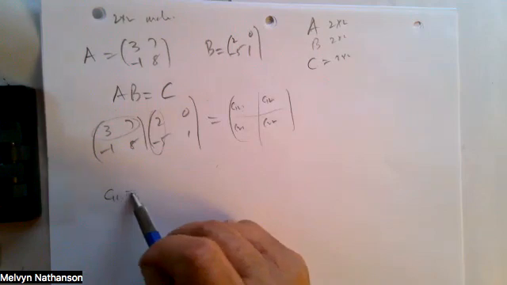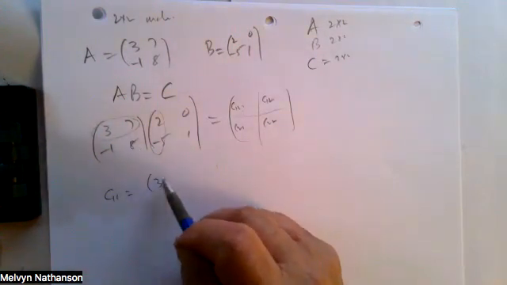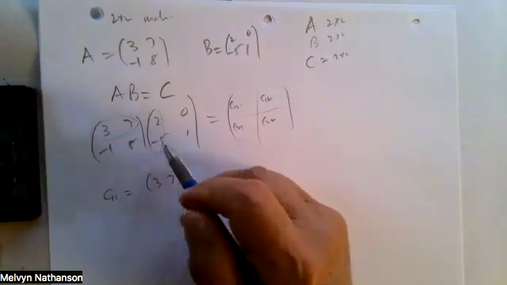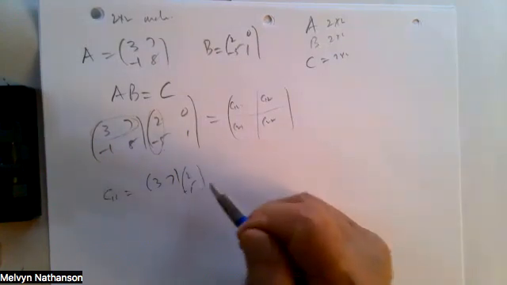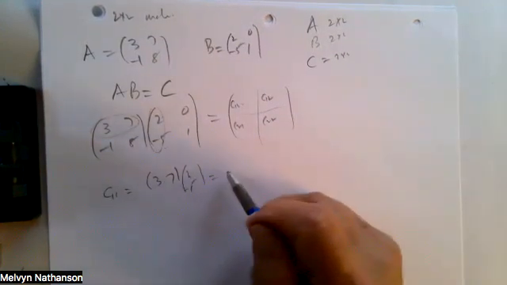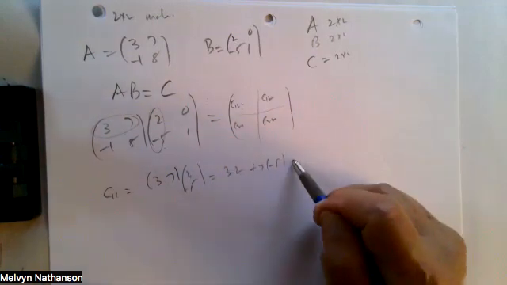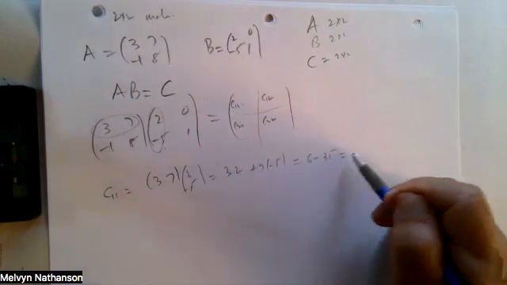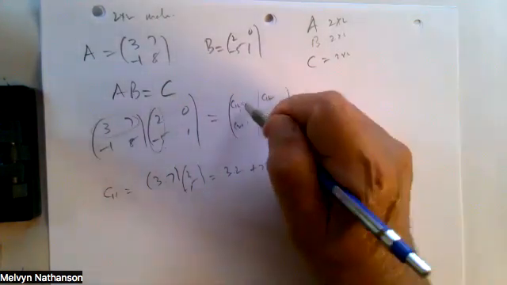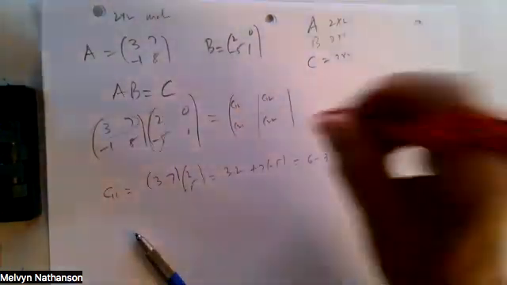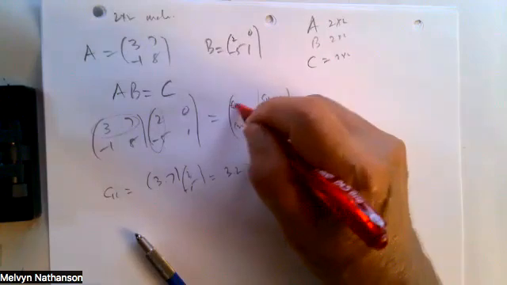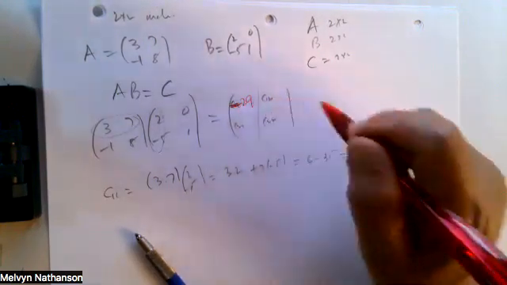C11 is going to be 3, 7, first row, times the first column of B, 2, minus 5. This is 3 times 2 plus 7 times minus 5. That's 6 minus 35, that's minus 29. So the number that goes here is minus 29.